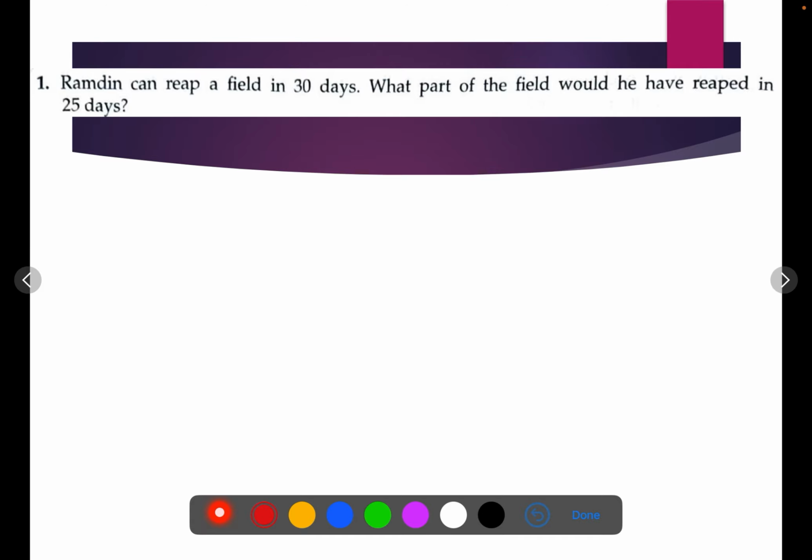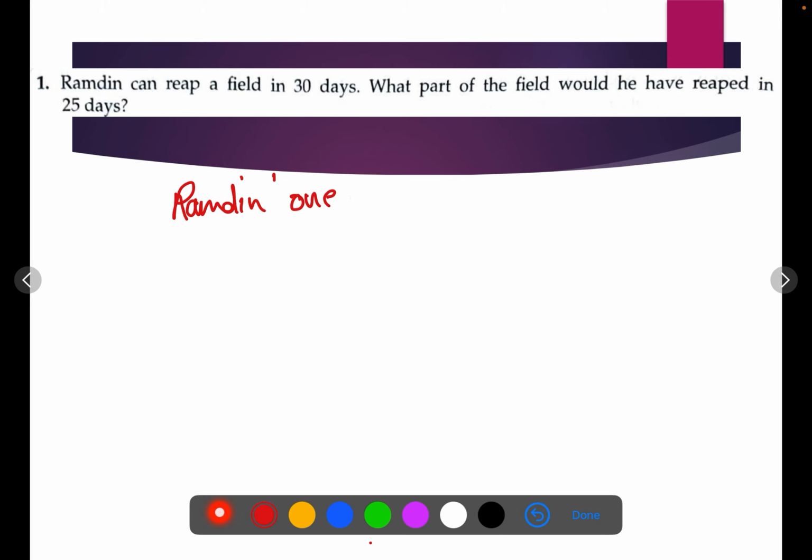Now, let's start with the very first question, which says Ramdeen can reap a field in 30 days. What part of the field would he have reaped in 25 days? So, what I know is he is taking 30 days to complete one work. So, what will be his 1 day work?